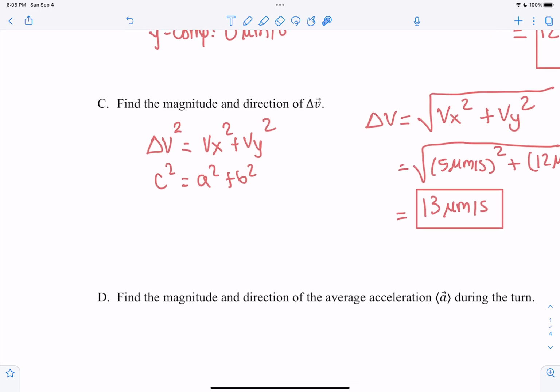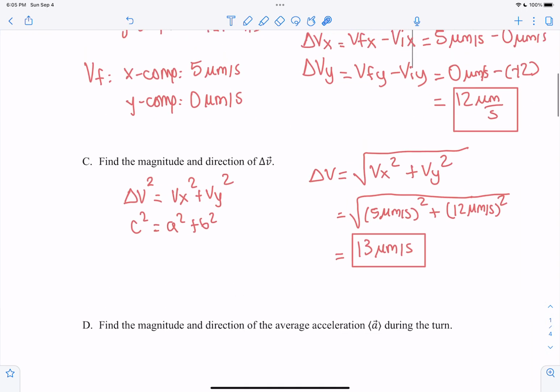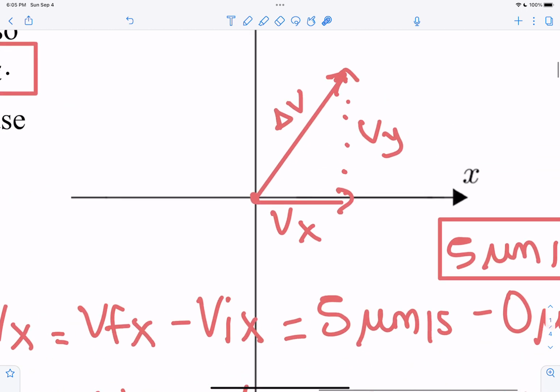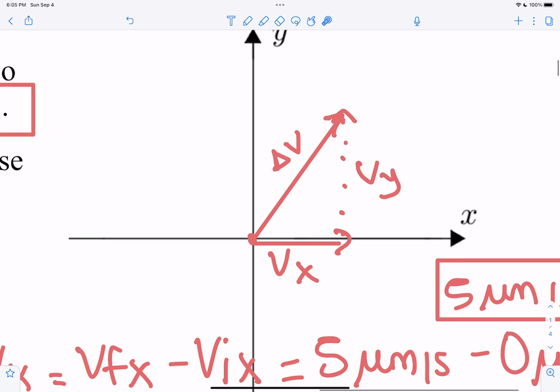So in order to find the angle, it can either be this angle here or that angle there. It could either be between the vector itself and the y-axis, or between the vector and the x-axis.